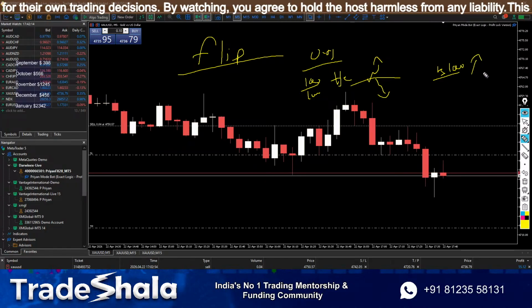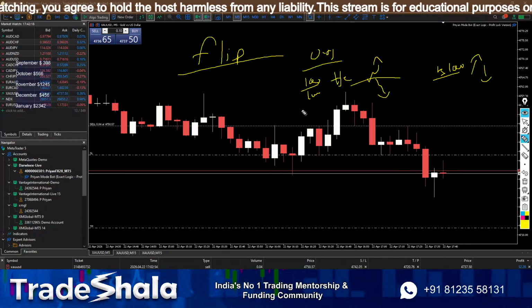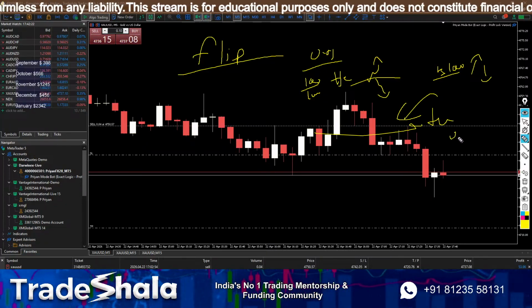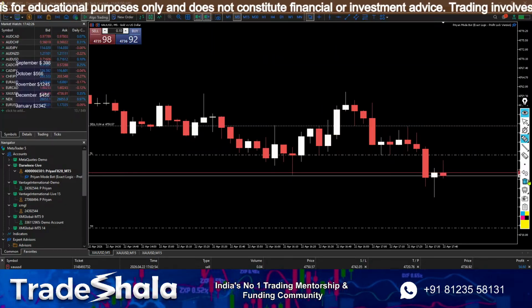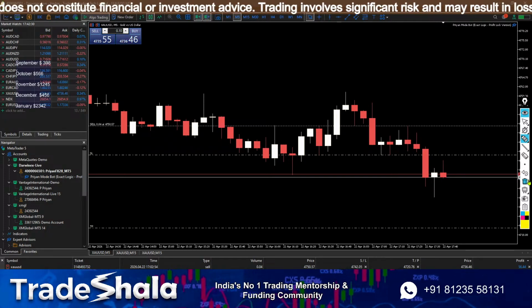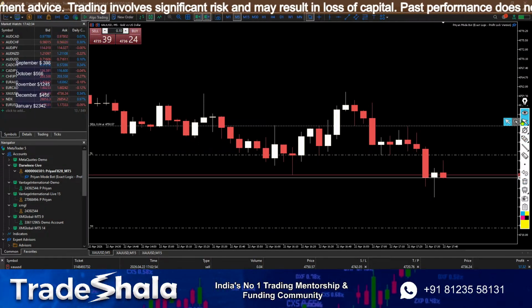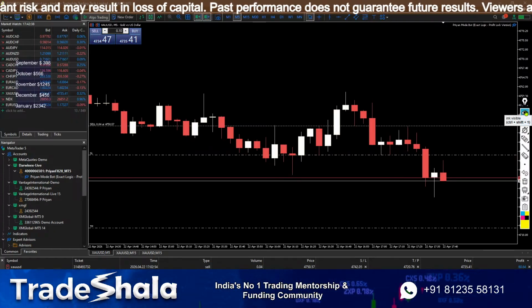It doesn't matter, I won or lost. No problem. But the thing is, if I am expecting that this will hit this fair value gap, this will hit this level, this will confirm reverse from here, all that expectation is what leads to revenge trading, this thing, that thing, and all that. So don't expect. If you don't expect, the world is yours. If you expect, you're a slave. Keep that in mind.